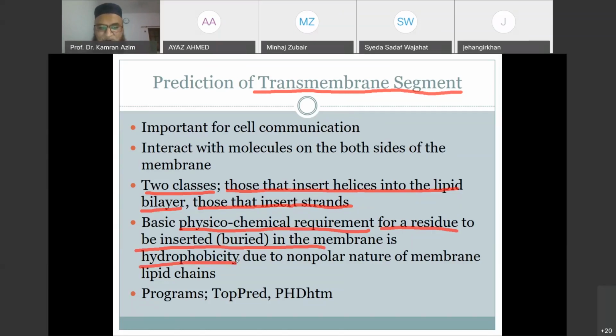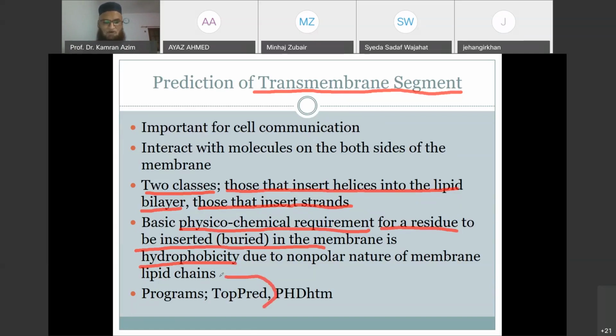So on this basis, there are several computer programs which predict transmembrane segments in protein sequences. Without any other information, without any other data, only on the basis of amino acid sequence, we can predict the transmembrane region of the protein, and there are several programs.